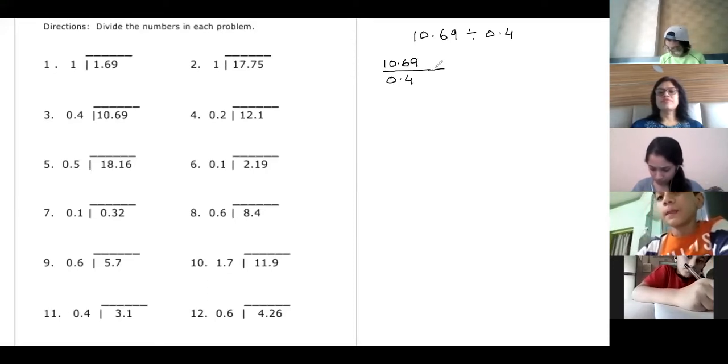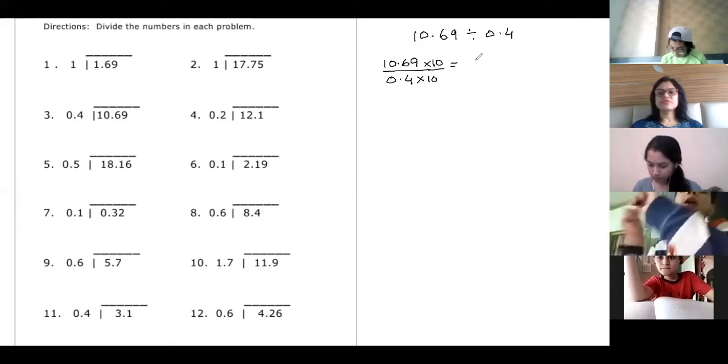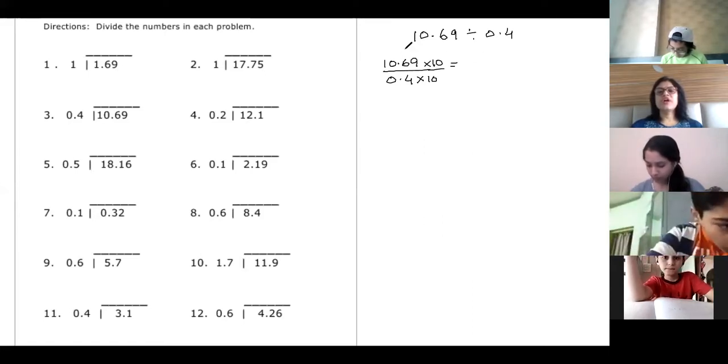Then you will check how many digits are there after the point. Only one digit is there. So you will write 0.4 multiplied by 10, and you will also do it with the numerator. What will be the final fraction? Only one digit you have to shift.